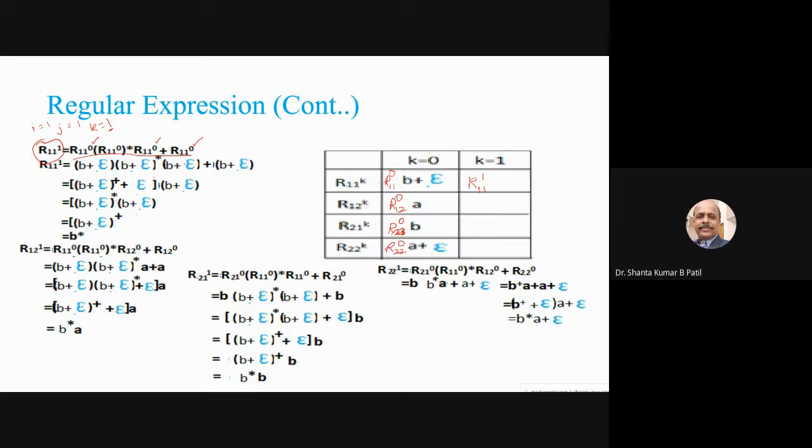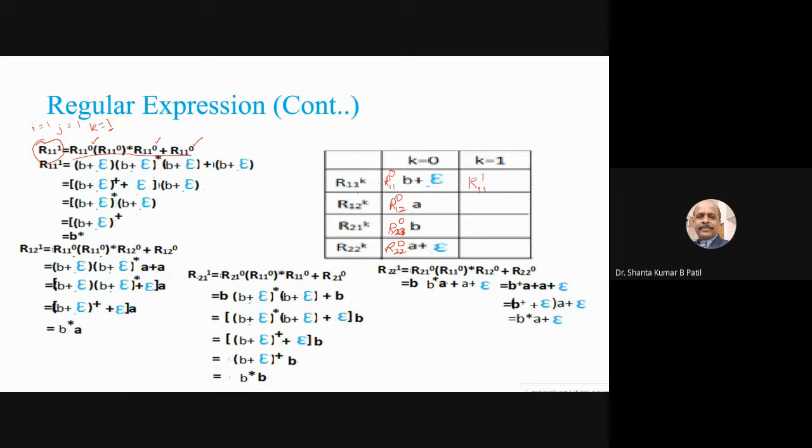So all these values you can find out from the first column. R11 power 0 is b plus epsilon. So substitute the values of R11 power 0 from the first column. It is b plus epsilon, then b plus epsilon whole star. So the whole star is there. Then b plus epsilon into b plus epsilon star.